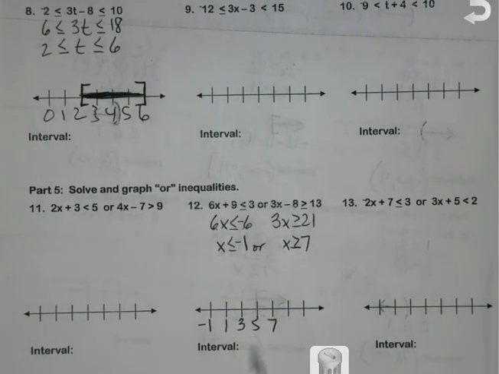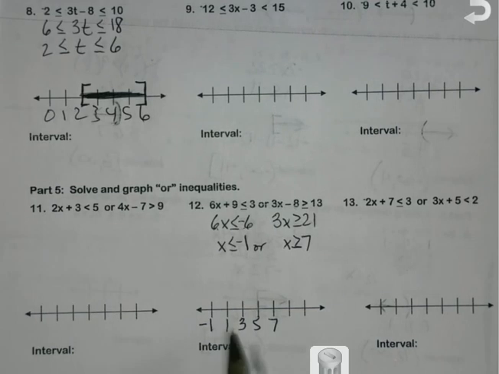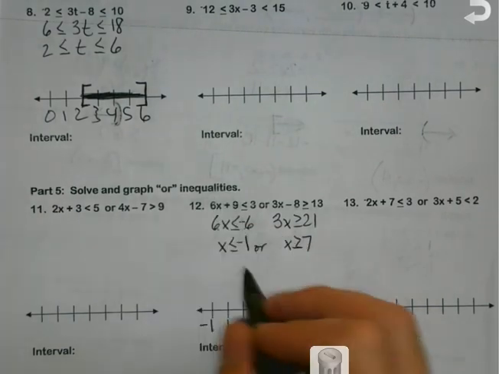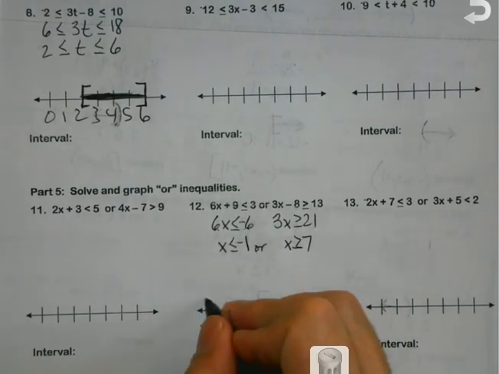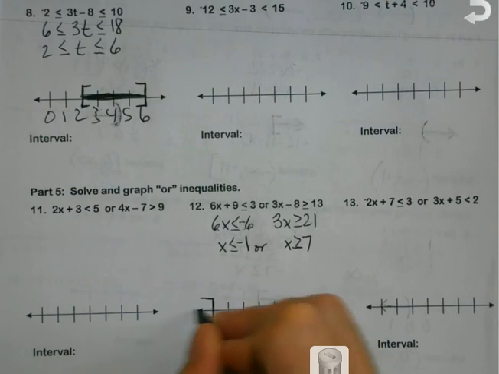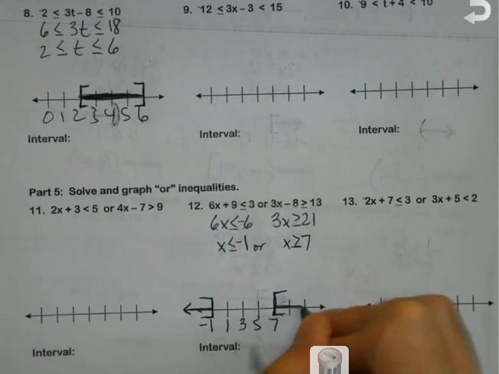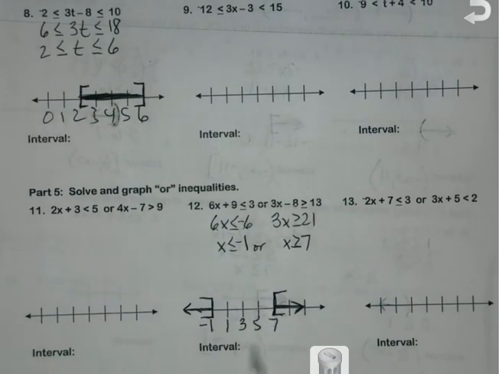Like I said, as long as it's an equal value between, I keep going up by 2s, that's fine, or whatever value I happen to use. So here, they're ORs, so I know they're going to go out more than likely. Less than negative 1. Greater than or equal to 7.